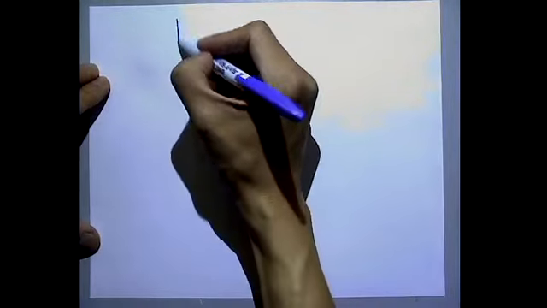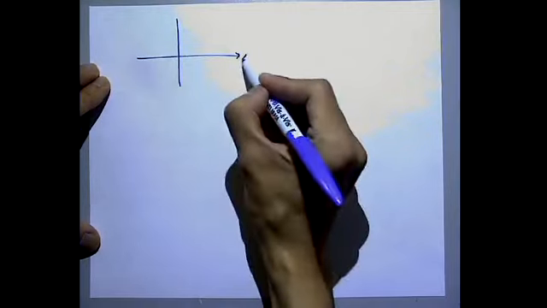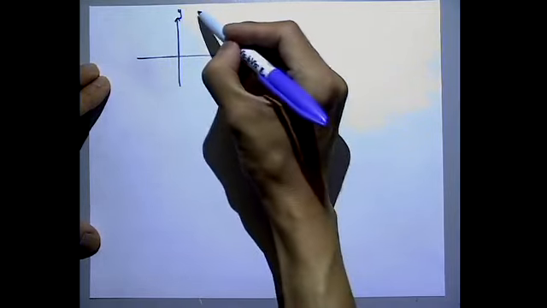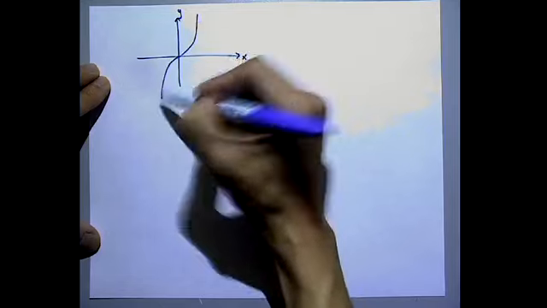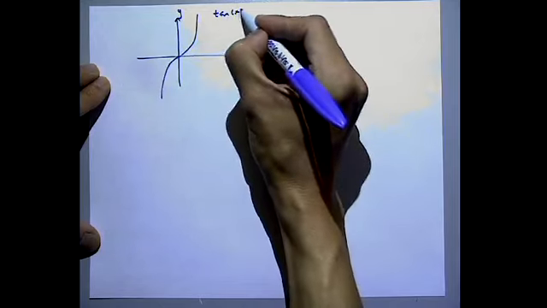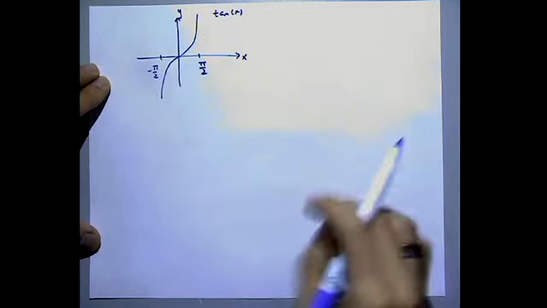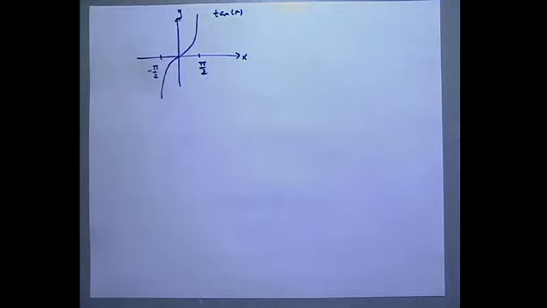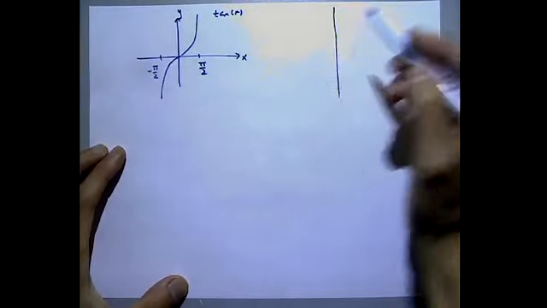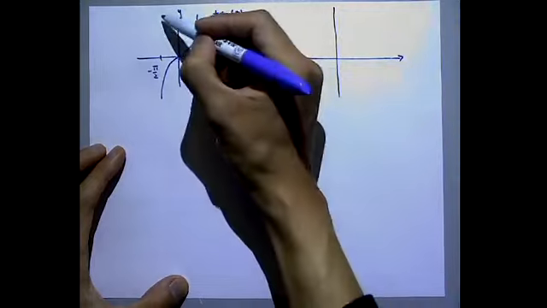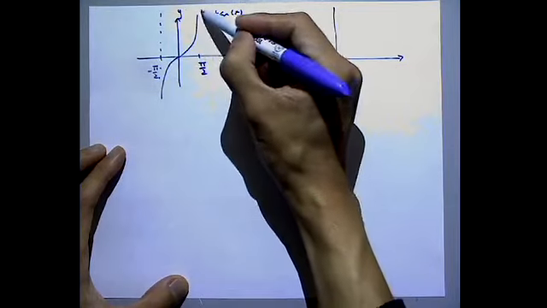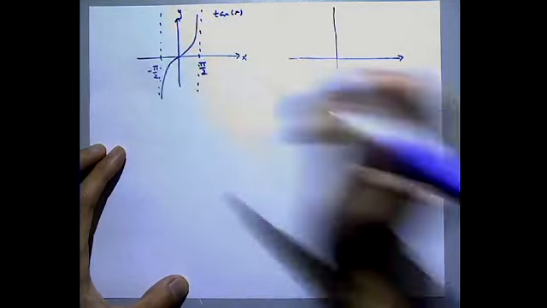Okay, to evaluate these things, it helps if you know the graph of inverse tangent. And we'll start with tangent. You know how to get the inverse. So here's tangent. It has two vertical asymptotes in the region that we're looking at here.